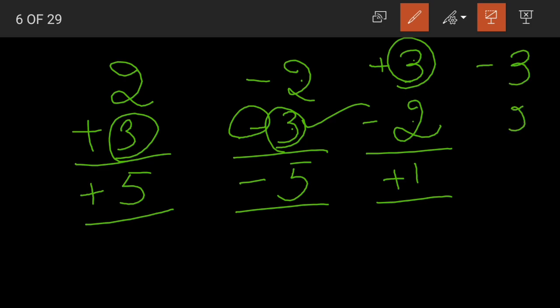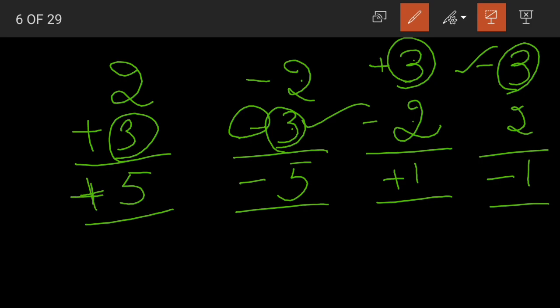Minus 3 plus 2, when we have one negative and one positive integer. Again 3 minus 2 is 1. 3 is the higher absolute value number. It has a negative sign. So the answer will also have a negative sign. Is this clear? You simply remember this. When we add or subtract integers, the sign of the higher absolute value integer is given to the result.